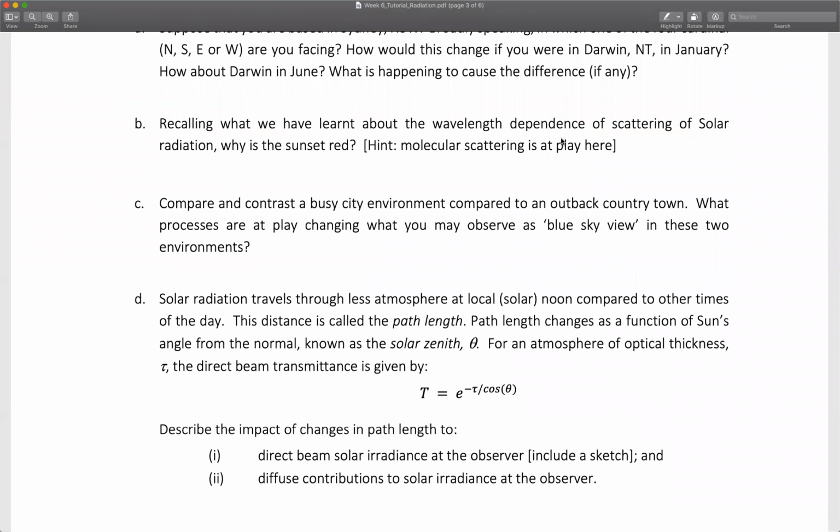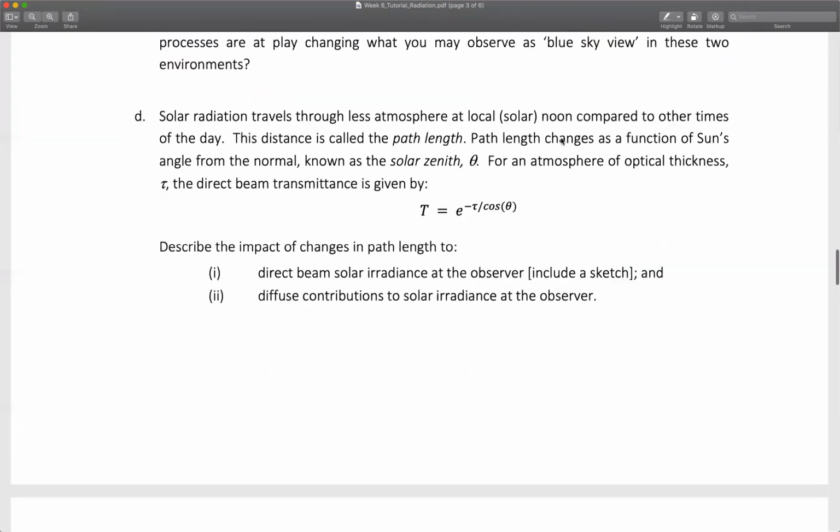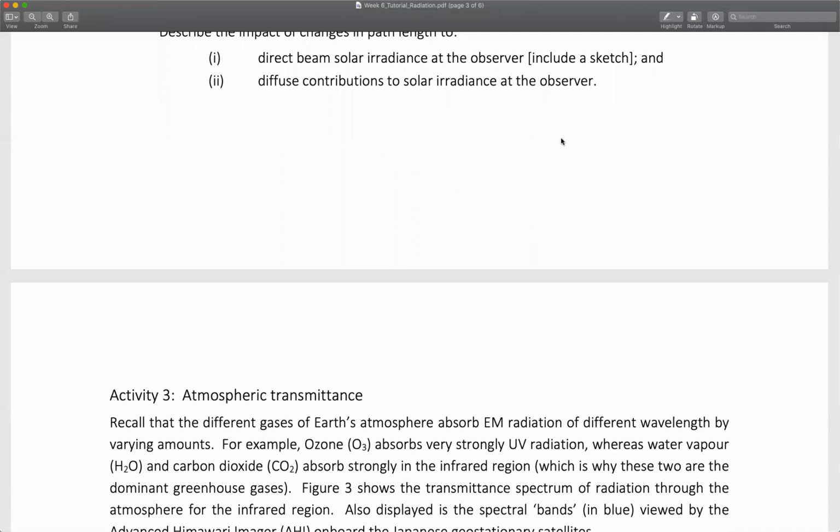Again, this is stuff where I think most of it is covered in the lectures, but there's some key things like path length that I might not have explicitly said in the lectures, but defined here. So do have a read and refer to your lecture notes as well.